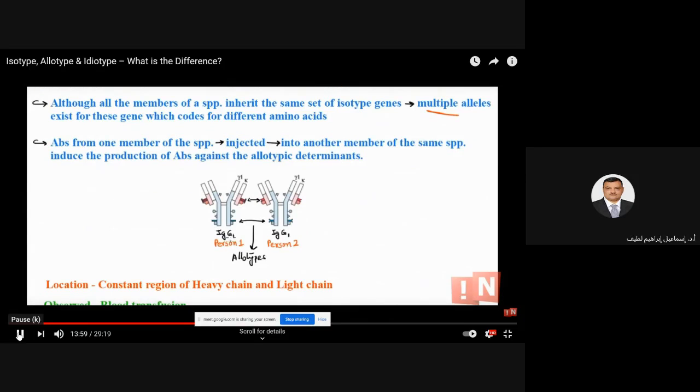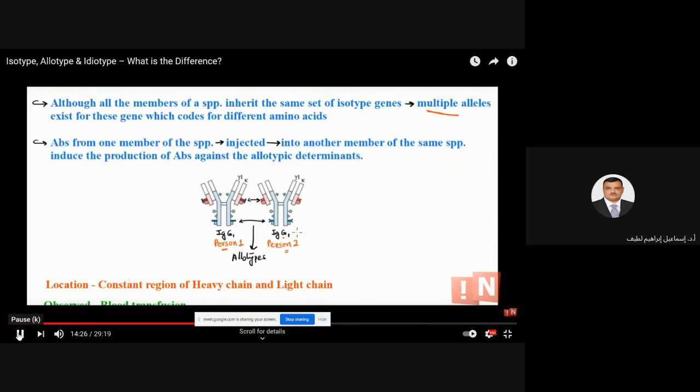Let's say this is an IgG1 molecule from one person, and these are the sequences expressed on the light chain as well as the heavy chain. In the same species, if I take another person and check the same antibody, IgG1, there can be a slight difference. As you can see on the light chain, there is a slight difference over here. On the heavy chain also, there is a little difference over here.